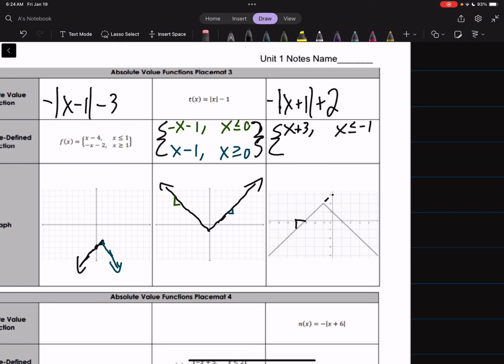Our other equation, we're going right 1, down 1, so negative x. The y-intercept here, let me pick a better spot so you can see the y-intercept, is at positive 1, so plus 1. And we want this where x is greater than or equal to negative 1.